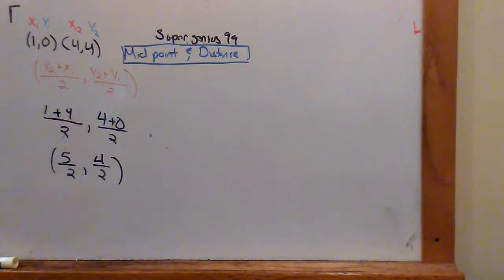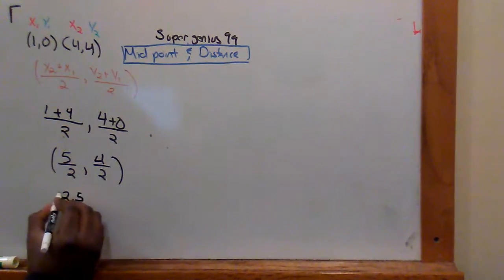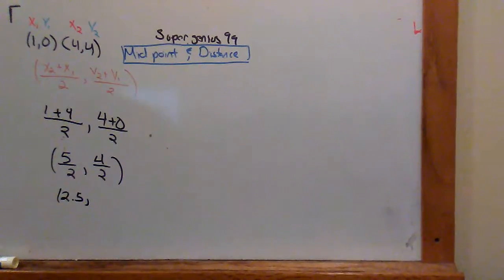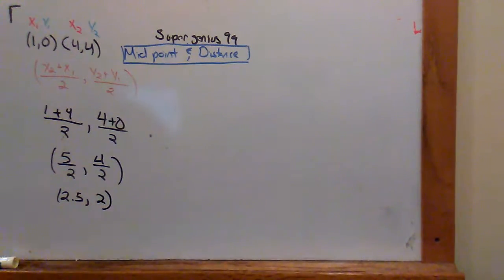And then 5 divided by 2, you can leave as 5 halves or 2.5, whichever one you like. And 4 divided by 2, how much is that? Okay, and that's our midpoint.